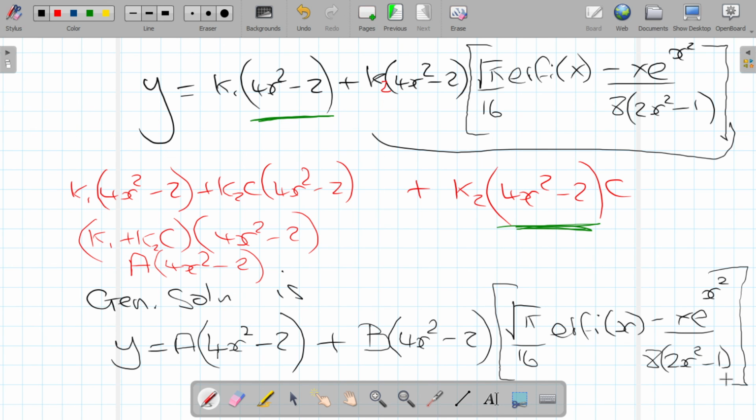Now we can actually just tidy that up a little bit more, because we can actually factorise out this term and this term.